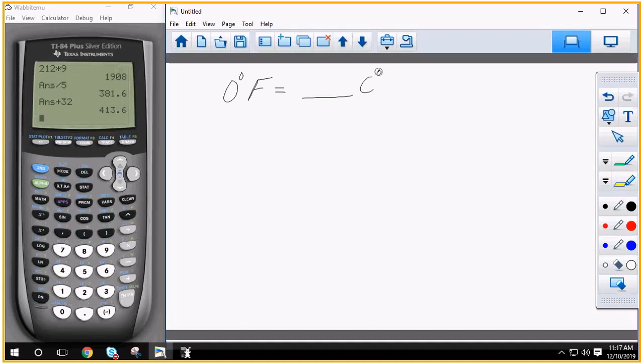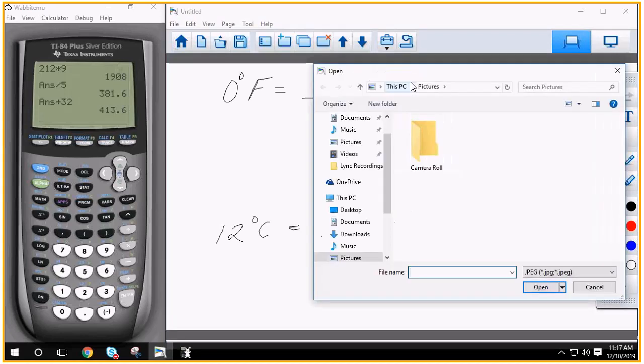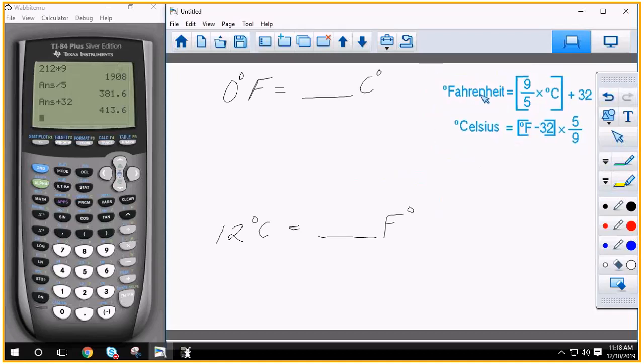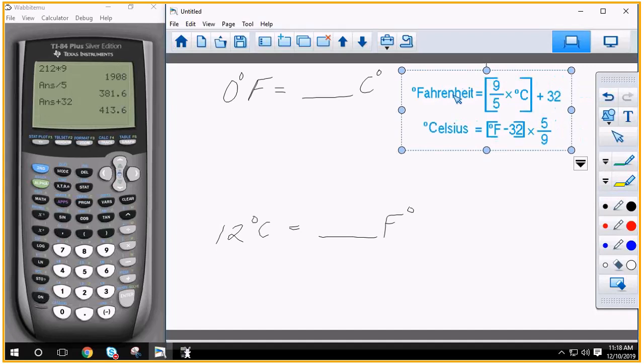And then let's do 12 degrees Celsius into Fahrenheit. And I'll bring in those. There we go. All right, pause the video and work on those two problems.